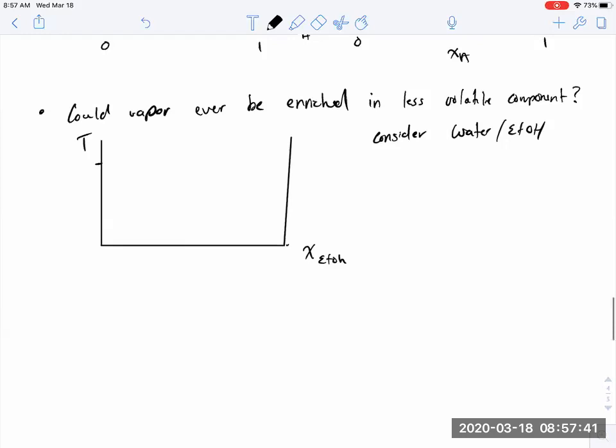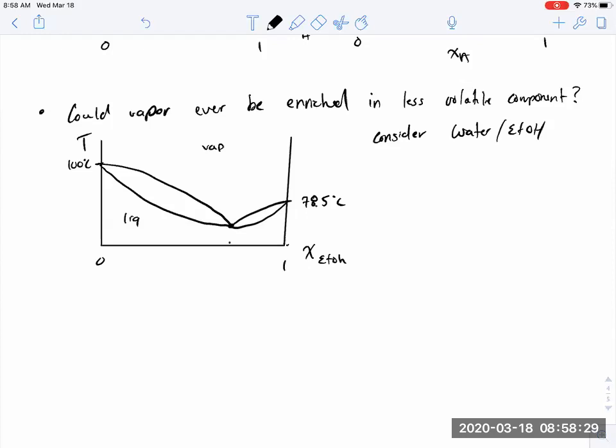All right, at 1 atmosphere of pressure, we know that the boiling point of water is 100 degrees C. If you were to look it up, the boiling point of ethanol is 78.5 degrees C. If I do that set of experiments where I convert the liquid, a mixture of water and alcohol, to its vapor, indeed, I'd see something like this, a coexistence curve that enriches the vapor with ethanol until a point over which I start seeing the opposite behavior.